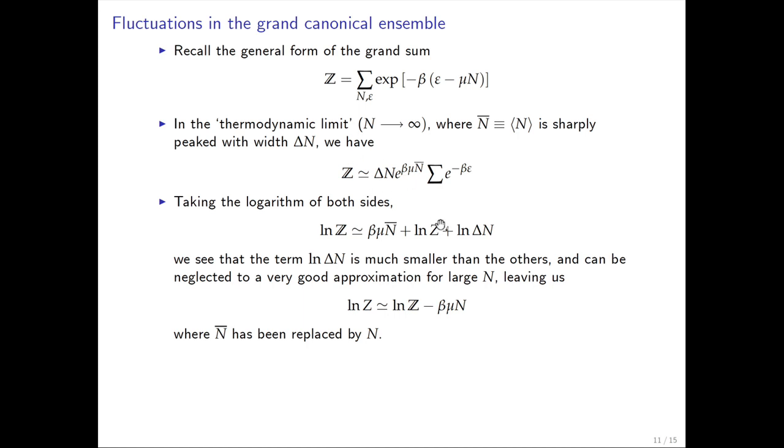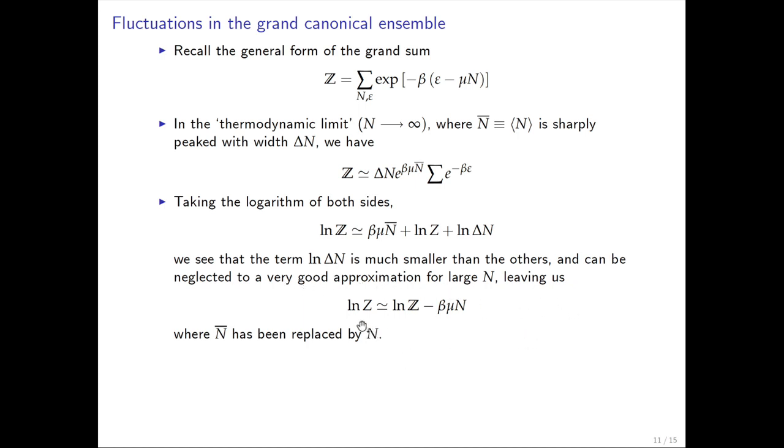So if we take the logarithm of both sides, then the log of the grand partition function Z will be approximately equal to beta mu n bar plus the log of the canonical partition function for n bar, plus this log of delta n. And we'll see that this term for a large system is much, much smaller than the others, so we'll just neglect it for large n.